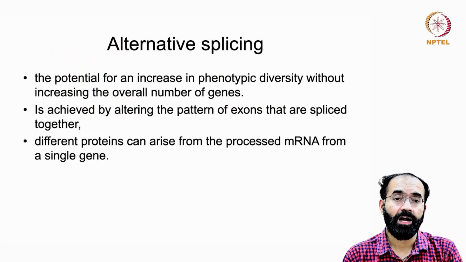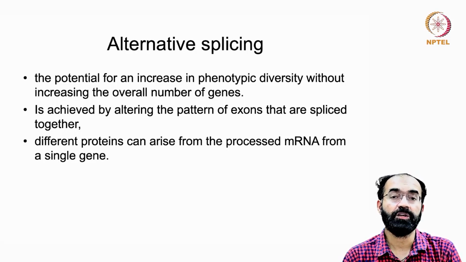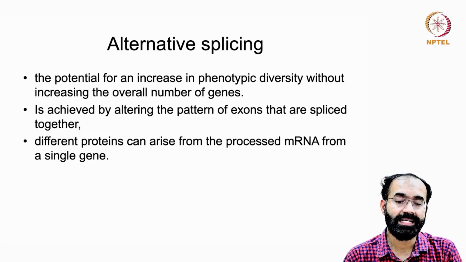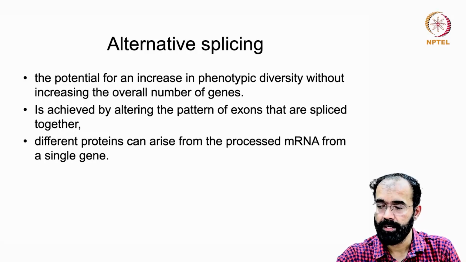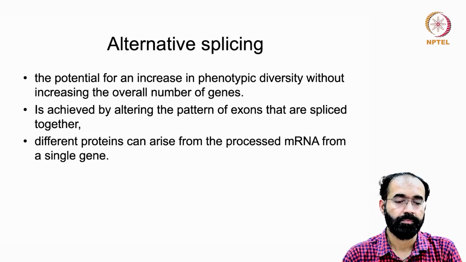So coming back to alternative splicing, the potential for an increase in the phenotypic diversity without increasing the overall number of genes. This is the foremost advantage, that with less you can do more, because each protein is a functional molecule. It is achieved by altering the pattern of exons that are spliced together.